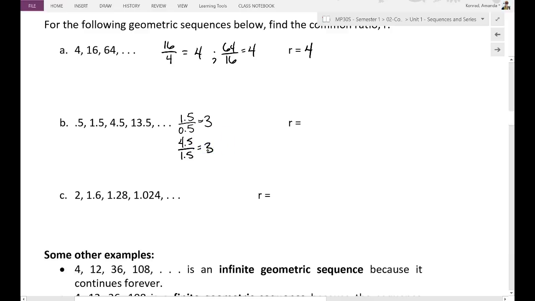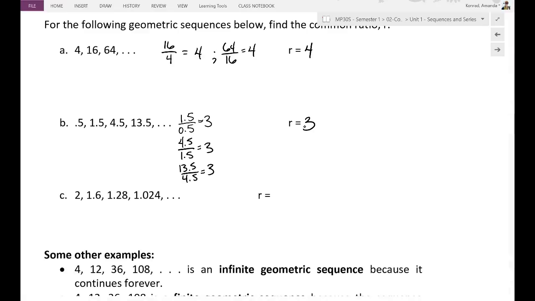And finally, 13.5 divided by 4.5 is also 3 because they are all the same. It is a geometric sequence and our R value is 3.